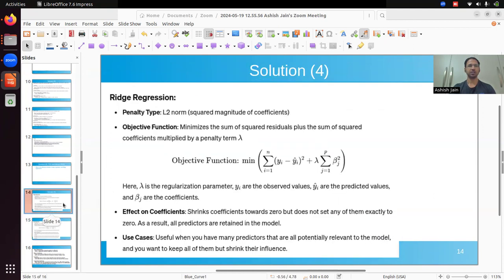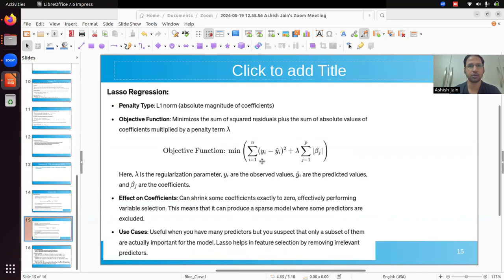Now you can see in ridge regression, the penalty term is the sum of squared magnitude of coefficients. And in lasso, the penalty term is the sum of absolute values of coefficients.